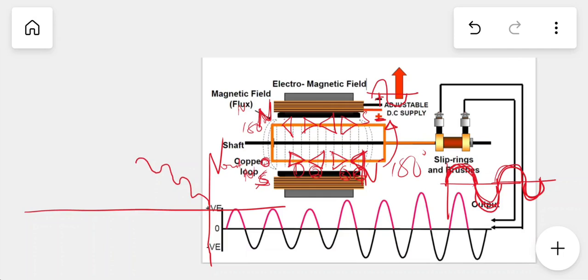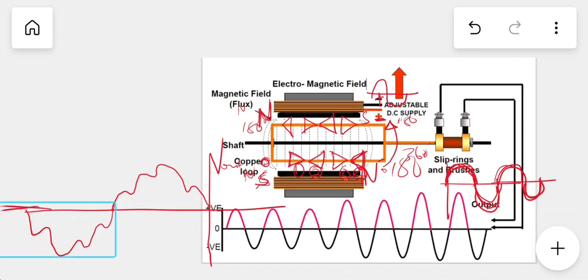No, actually, let us go back a little bit. It will change 1, 2, 3, 4. Then after reaching the 180, it has moved from 0 to 180. Now moving from 180 to complete the 360 degrees, it will move 1, 2, 3, 4, and so on and so forth.